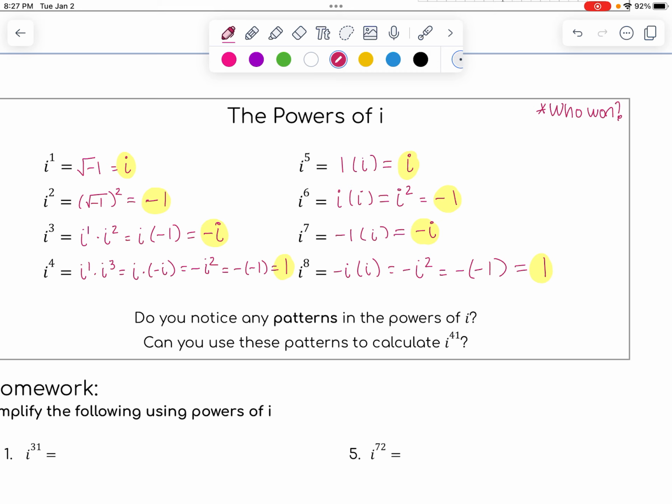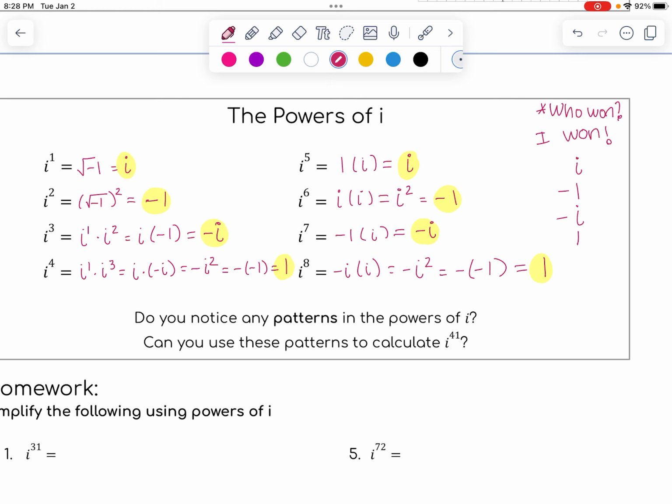Well, in my ideal world, i won. So the pattern goes, i won, and negatives go in between. Okay, so in order to remember the pattern of i, we think who won? Well, of course, i won. It goes i won, negatives in between. i won, negatives in between.